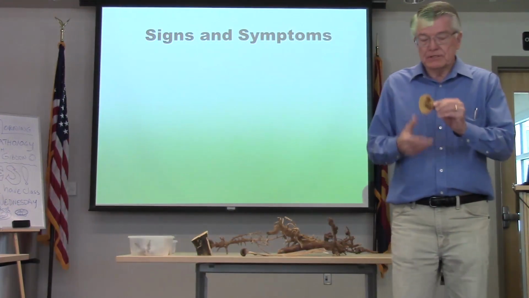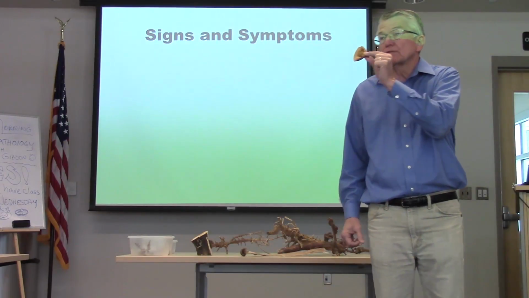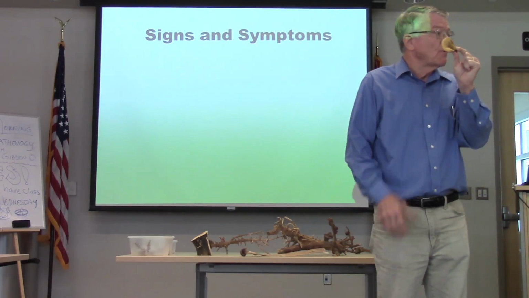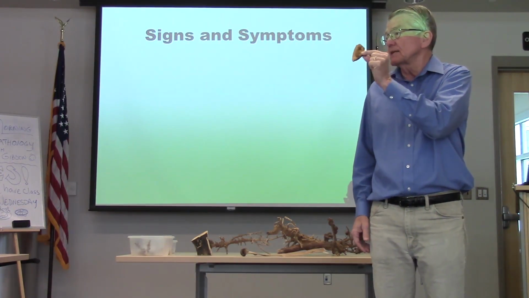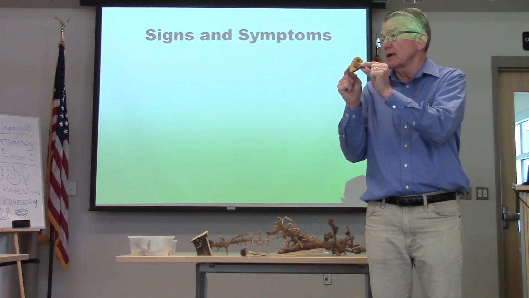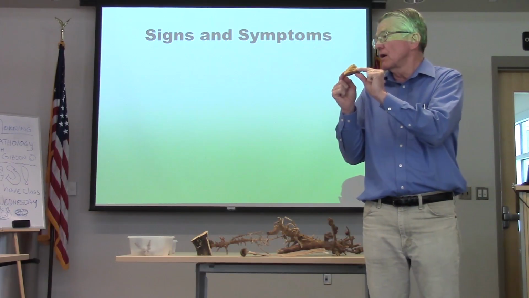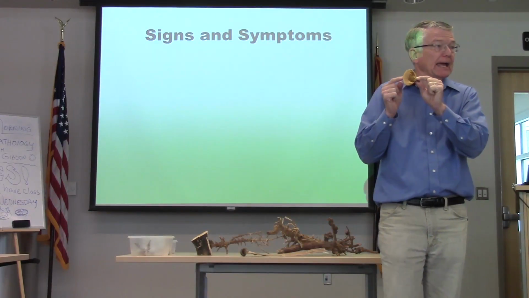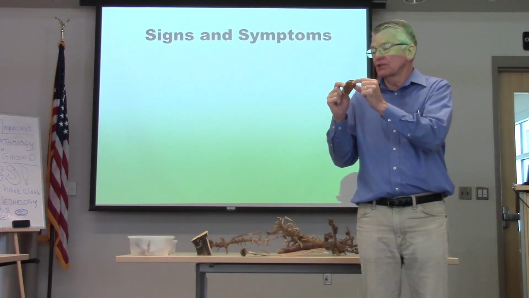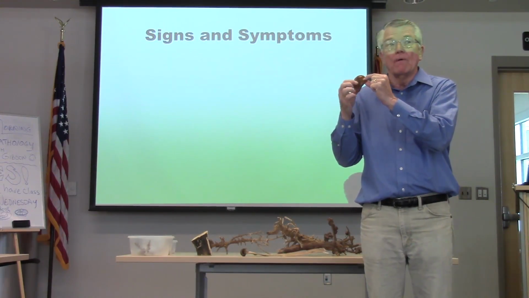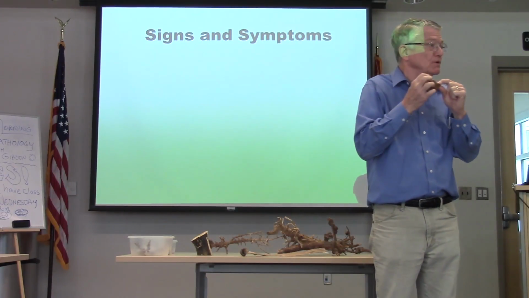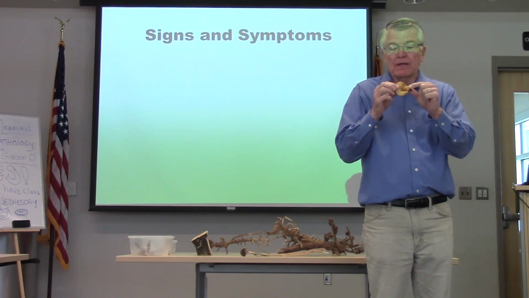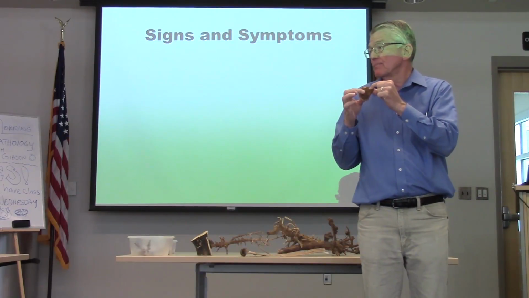A fungus oftentimes, even though it's microscopic in its simpler forms, will form reproductive structures. This is a fruiting structure. We call it a conk, C-O-N-K, that has little dots on the bottom, little pin-sized holes on the bottom. That's where the spores come out, the reproductive parts.